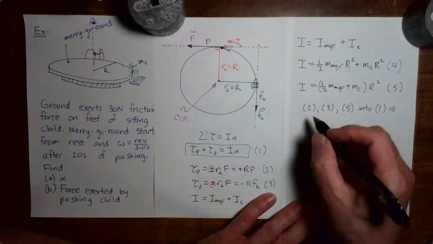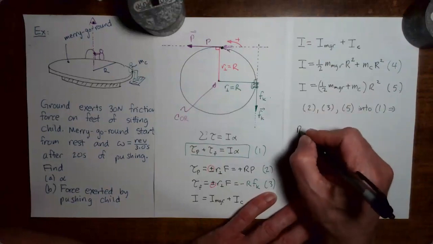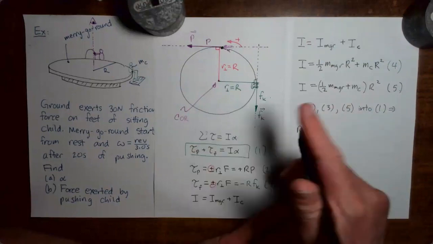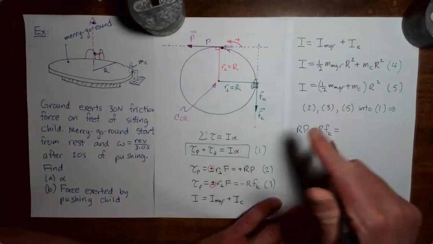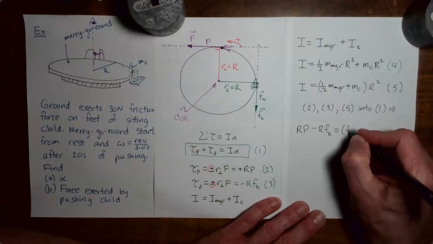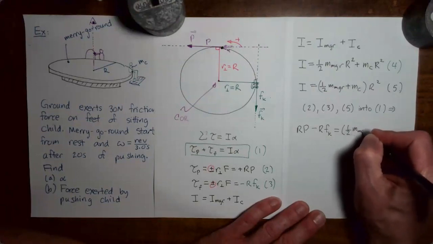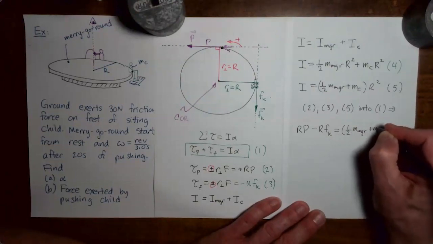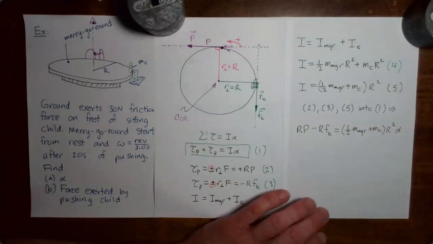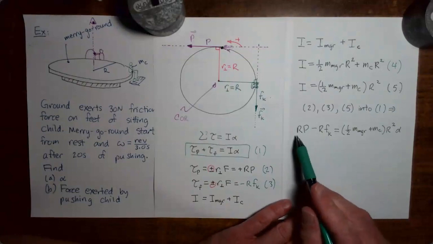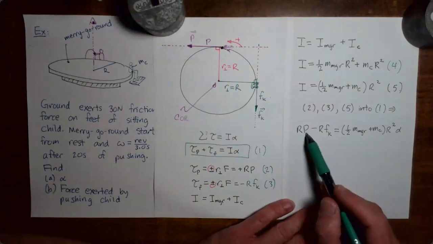Torque from the push, RP, torque from friction, minus R Fk, equals I, which is 1/2 m merry-go-round plus mass child, times r squared, times alpha. At this point, everything in this equation is known except for P, the force exerted by the pushing child.